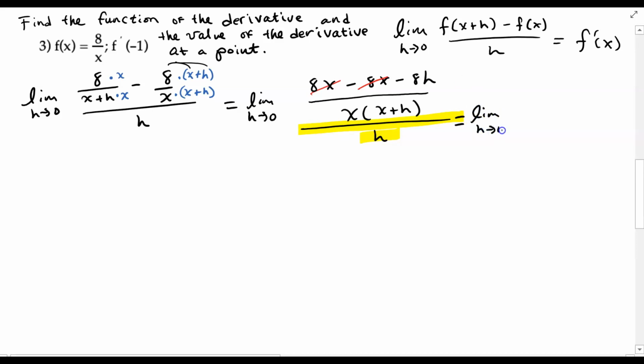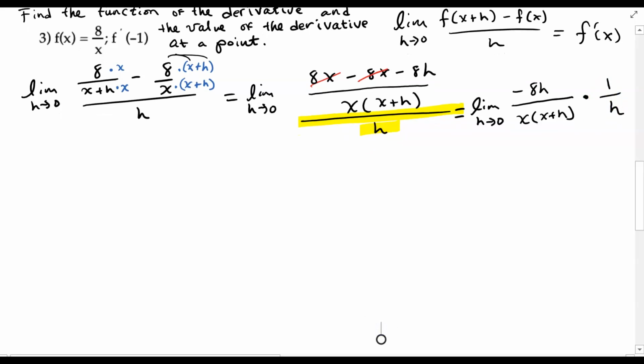So let's see. The limit as h approaches 0. I'm going to have a negative 8h on the top. I'm going to divide it by this x times x plus h. That's okay. Now the divide by h, this part in yellow, I'm going to multiply really by its reciprocal, 1 over h. Now why did I do that? Because I tell my students, whenever you're dividing fractions, always remember KFC.